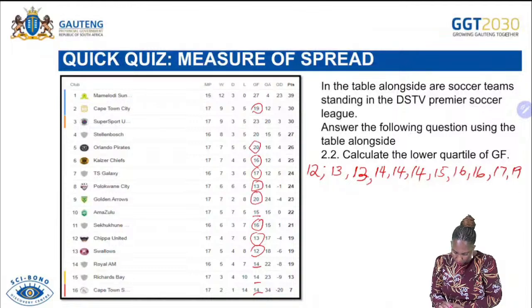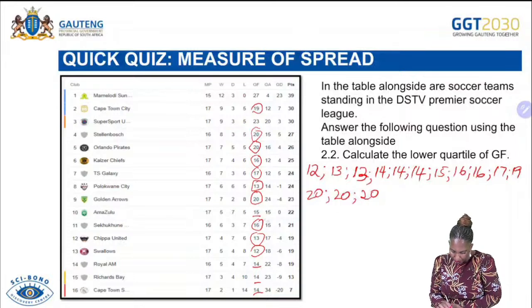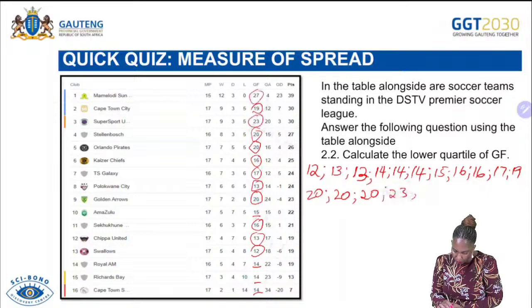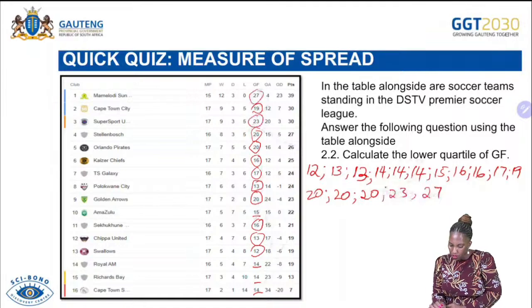We have 1, 2, 3: 20, 20, 20. And then the next number will be 23. After 20 we have 23, and after 23 we have 27.